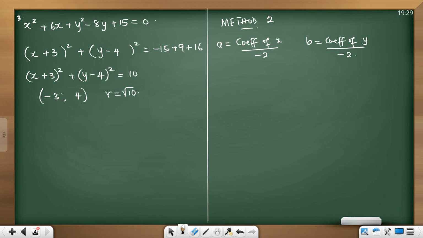That leads you straight. And your R will be the square root of your constant plus a squared plus b squared. I want us to try this. It's going to work. Some of you may not like this because you're thinking, I have to cram all of this now. There's nothing to cram.